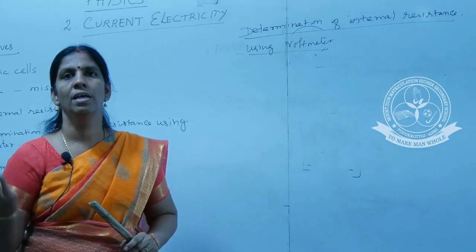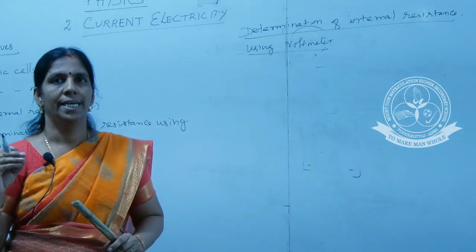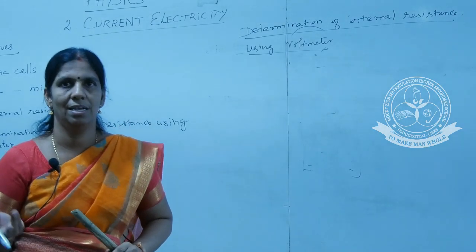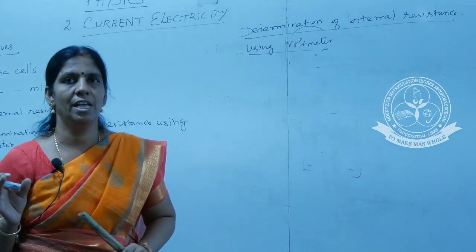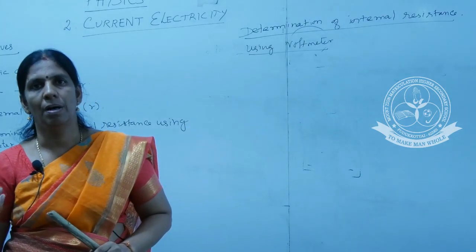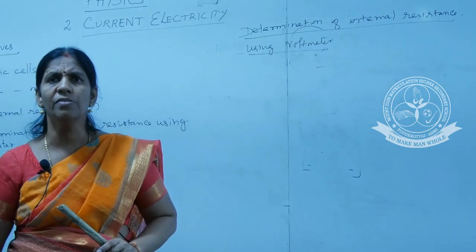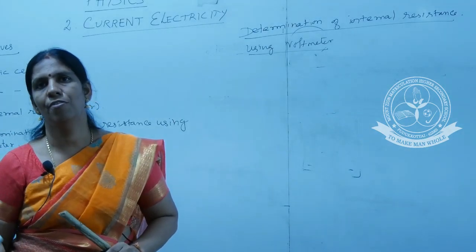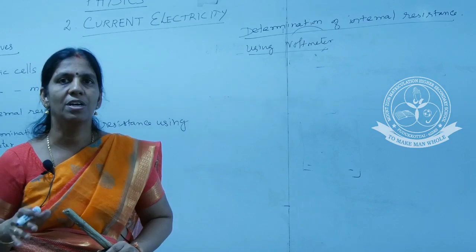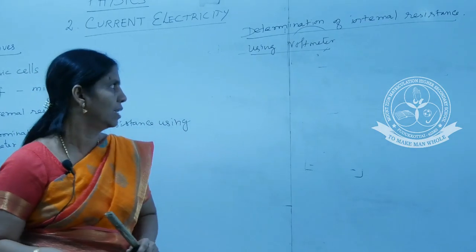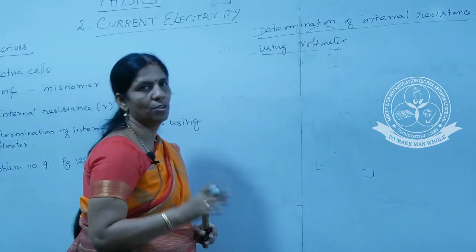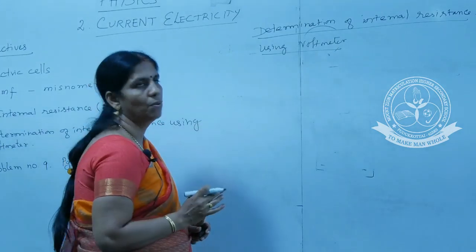You might have seen a cell marked 1.5 volt, or other cells like Daniel cell or Leclanché cell. The exact EMF will not be obtained when it is used in any circuit. There will be a certain fall of value because of the internal resistance of the cell. That is what we are going to measure, the internal resistance of a given cell, using voltmeter.